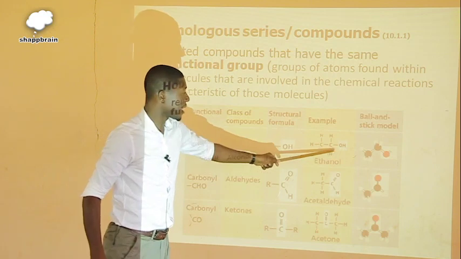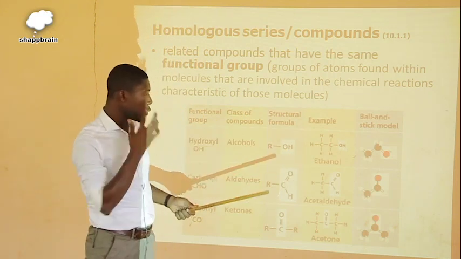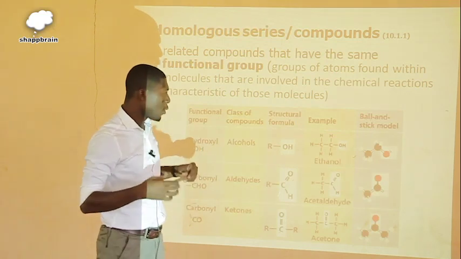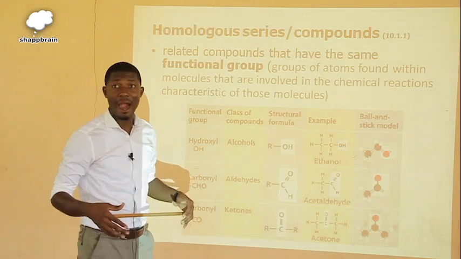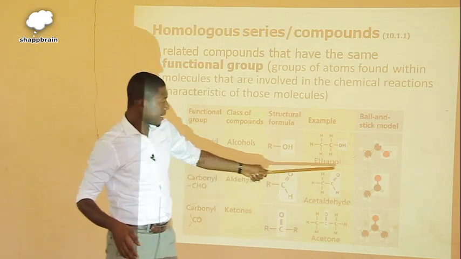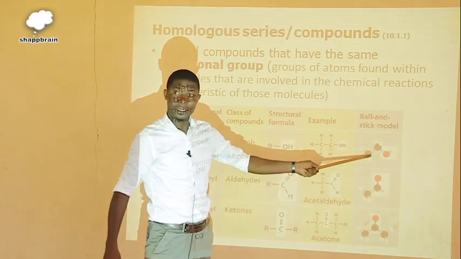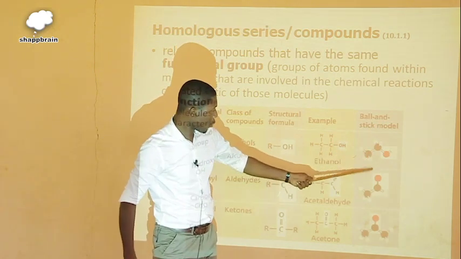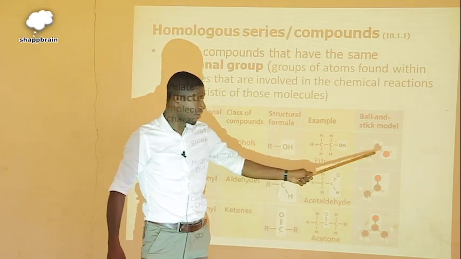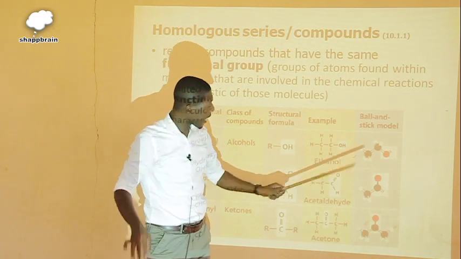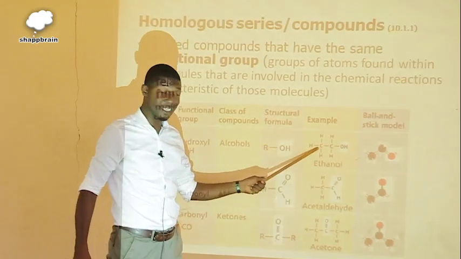So this is ethanol. Then, using the ball and stick model to explain further, you will notice that the carbon atoms, which are the central atoms, are represented by the black balls. The white, smaller balls attached to the first carbon are the hydrogens. So you have three bonds attached to the carbon: 1, 2, and the third one, representing the first part.